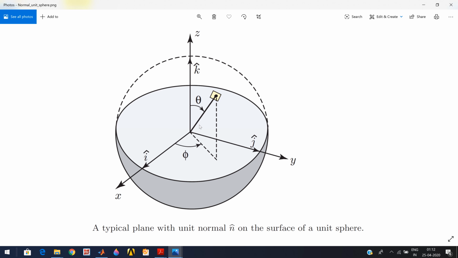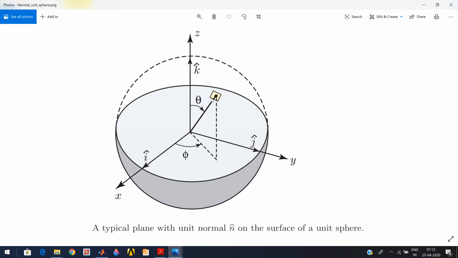Okay, so I'll use a Cartesian coordinate system xyz to represent the unit vector along this direction, any point on the surface. So using the spherical coordinate system, you can see the z component will be r cos theta here, whereas r is 1, because it is a unit sphere, so it is cos theta.